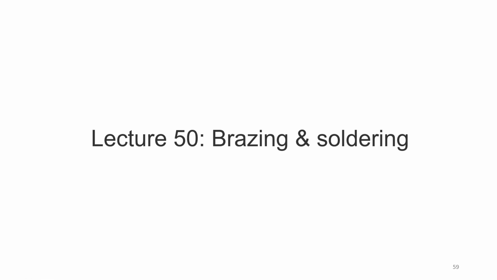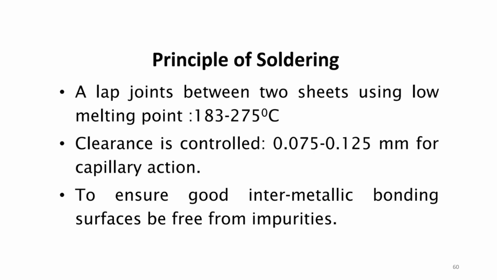Next is brazing and soldering. Firstly there is soldering. Principle of soldering: a lap joint between two sheets using a low melting point filler, 183 to 275 degrees Celsius, with a controlled clearance such as 0.075 to 0.125 mm for capillary action.